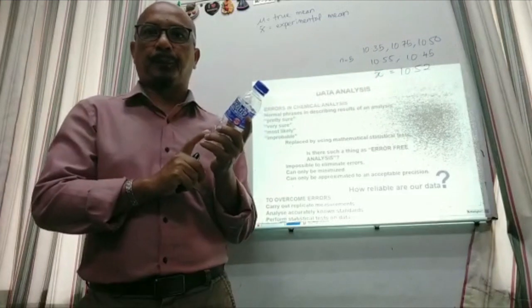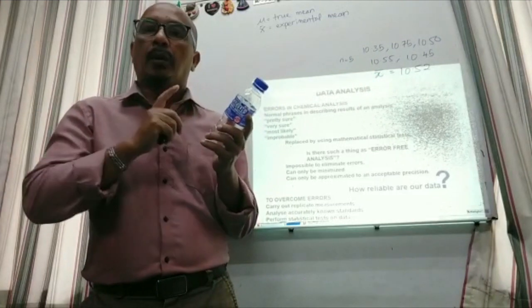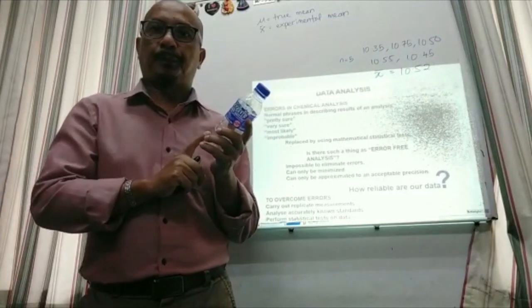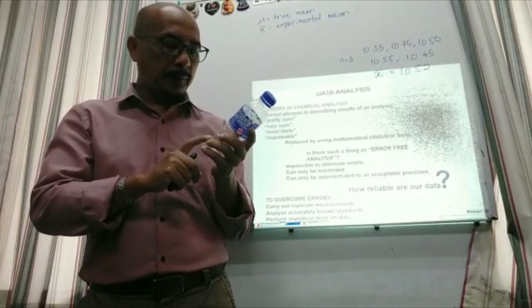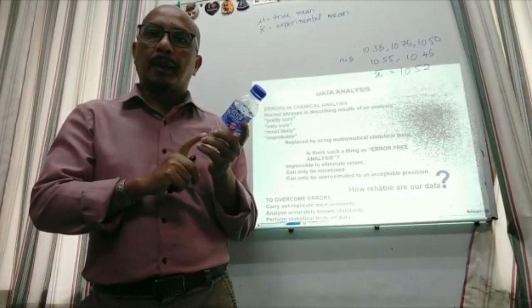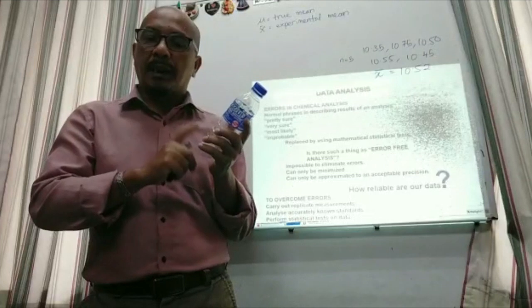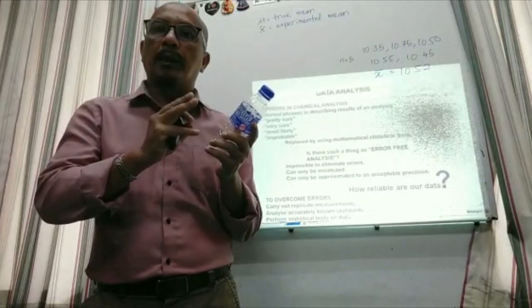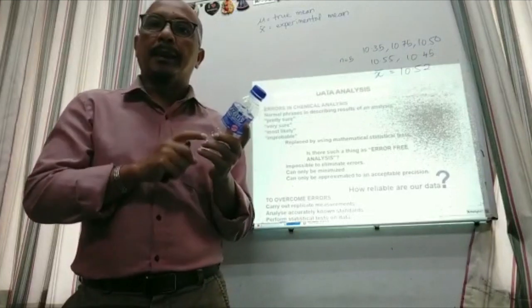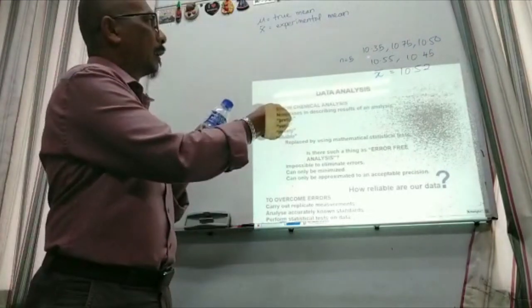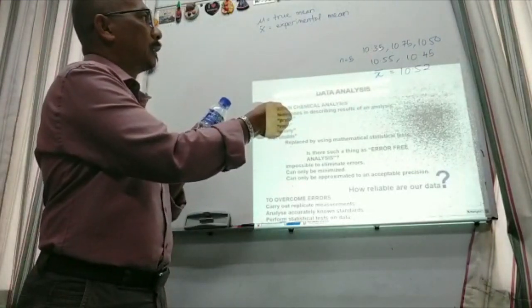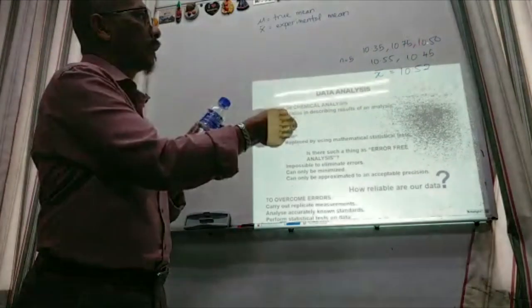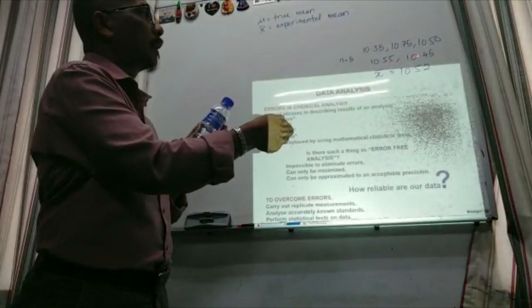Let's say we do an experiment. We measure the concentration of analyte. We do the experiment with 5 replicates. Let's say this is the data we get: 10.35, 10.75, 10.5, 10.55 and 10.05.